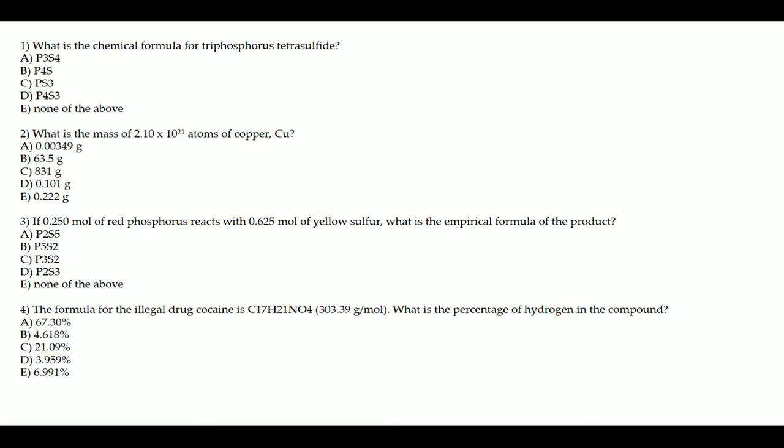Okay, so this is exam 3 walkthrough for Introduction to Chemistry, and this is Form A. Form B is similar, just a different ordering. Okay, what is the chemical formula for triphosphorus tetrasulfide?